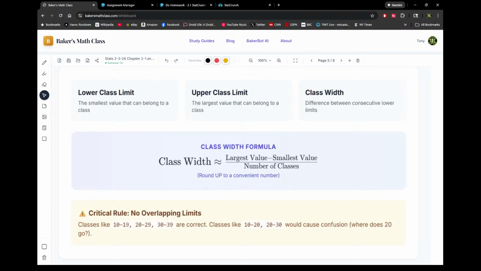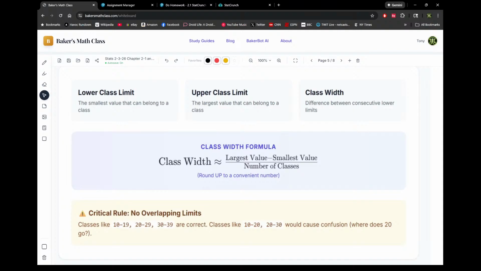So when we're organizing our classes, they cannot overlap. So classes from like 10 to 19, 20 to 29, 30 to 39, that works. Because that means every number between 10 and 19 is going to be in there, and I know exactly where the numbers are going to go.